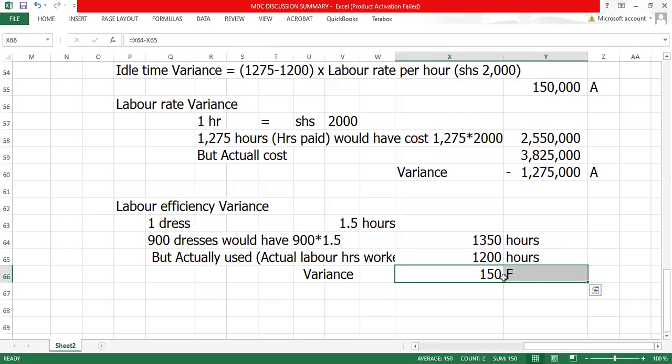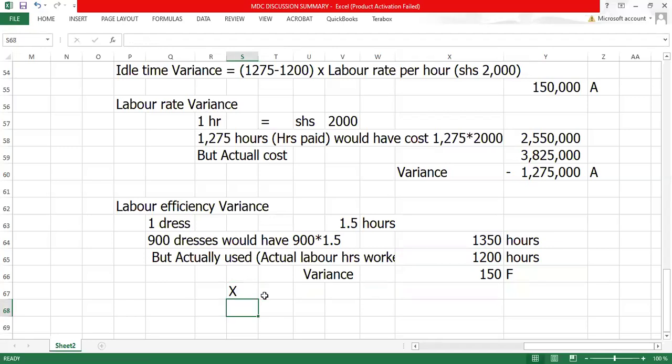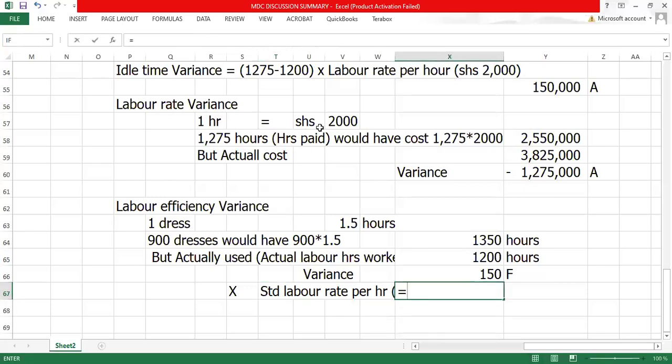Convert them into shillings. So we multiply by what? The labor rate per hour, which was 2,000. So 150 times 2,000 gives your labor efficiency.